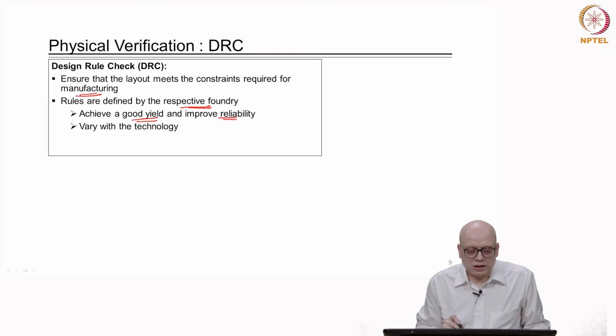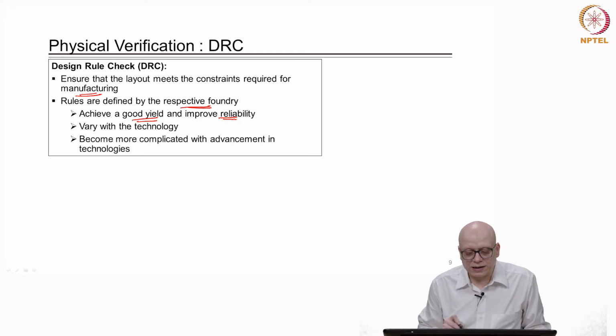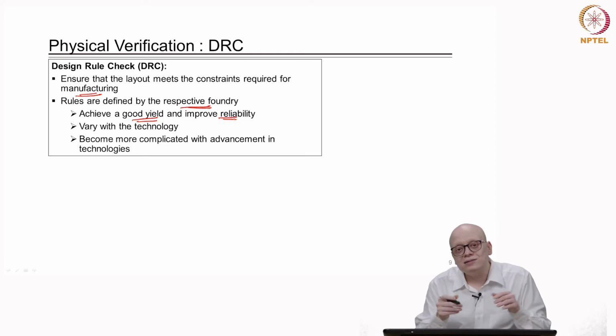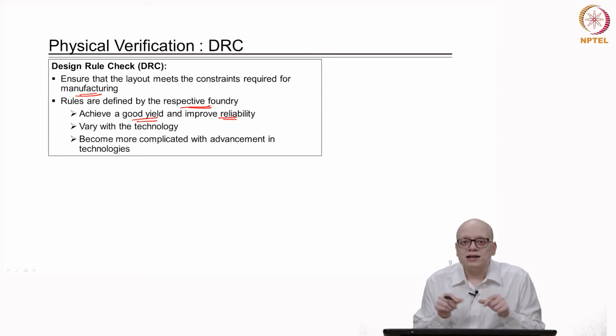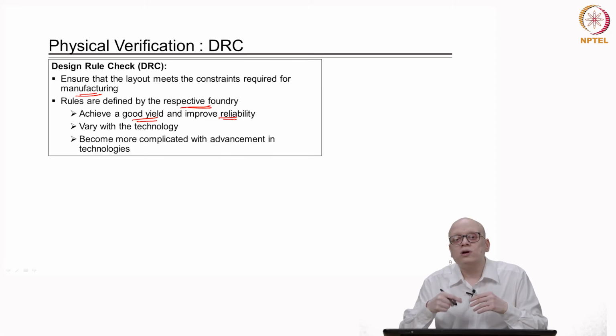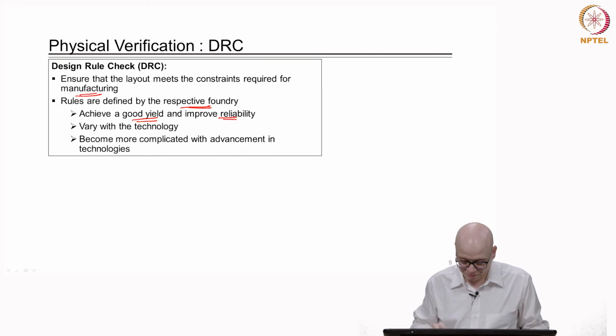These design rules can vary with the technology, and typically as the technology progresses, the feature size decreases, and at smaller feature sizes these rules become more and more complicated.